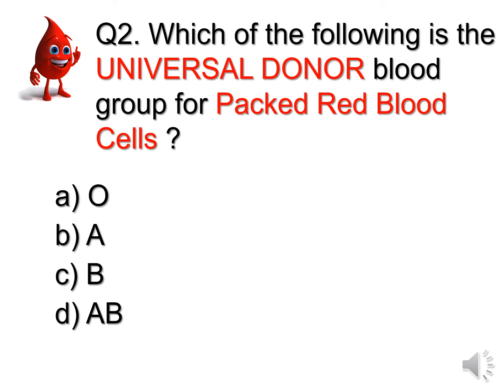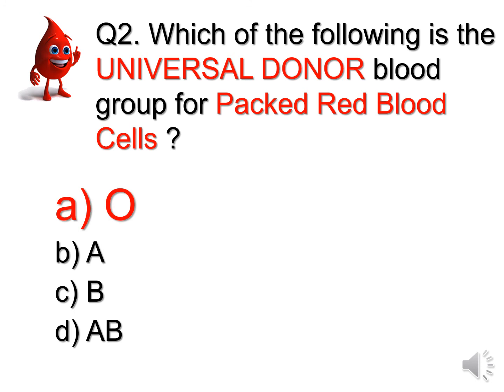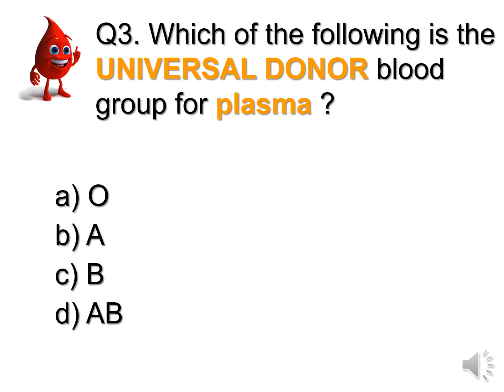O, A, B or AB? The universal donor is O. Which of the following is the universal donor for plasma? O, A, B or AB? It's AB.